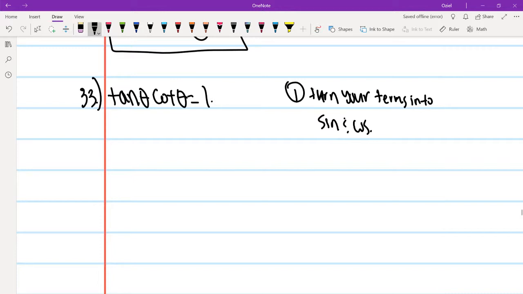For this one, it's not in terms of sine and cosine. So we already know what tangent of theta is. It's going to be sine of theta over cosine of theta.